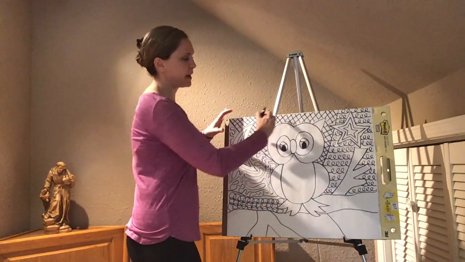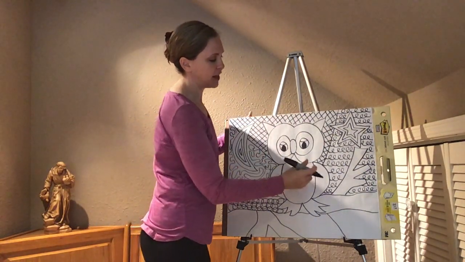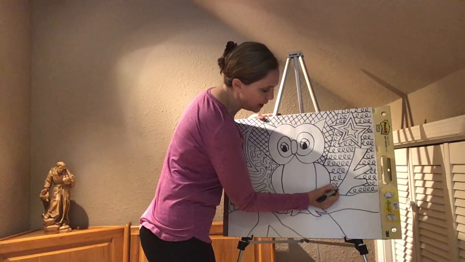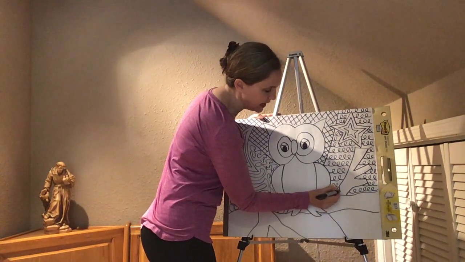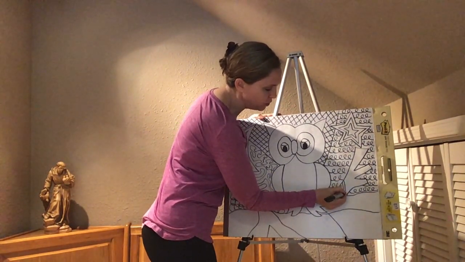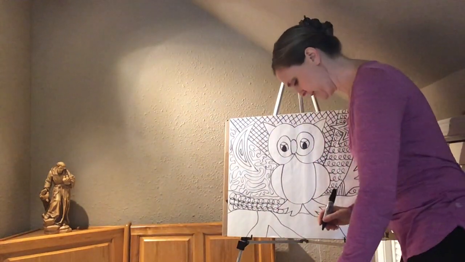And see how I did mine spaced out here? If I want to create an area that looks darker, I'm going to make my lines closer together. So I'm going to do parallel lines really close together, vertical, running up and down the whole tree branch.